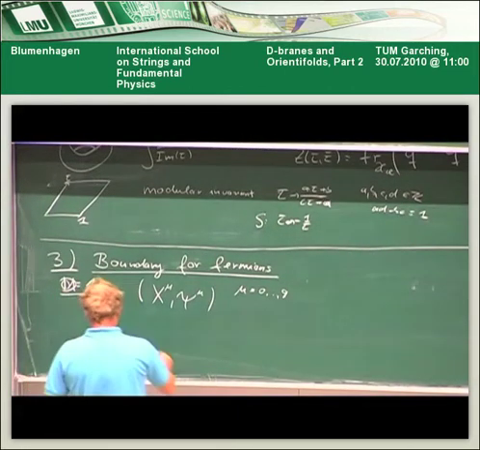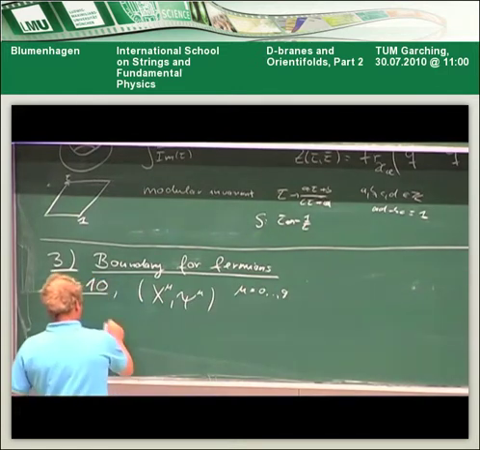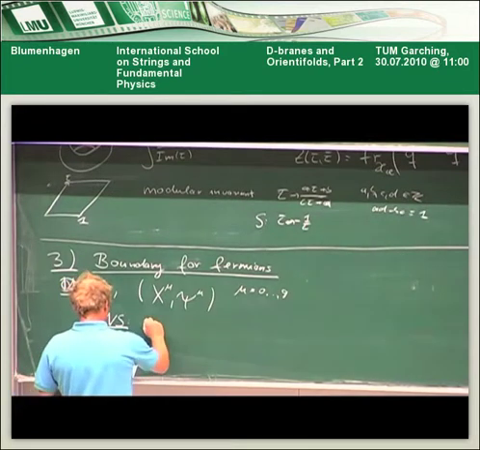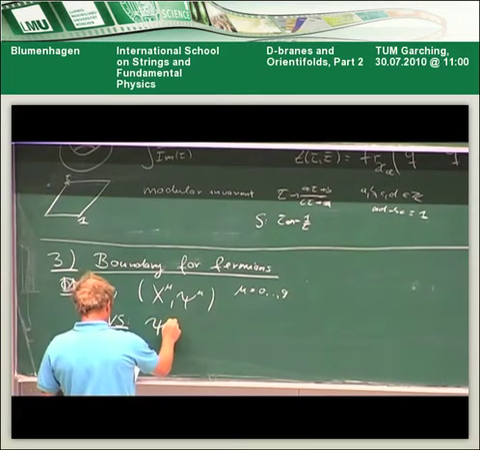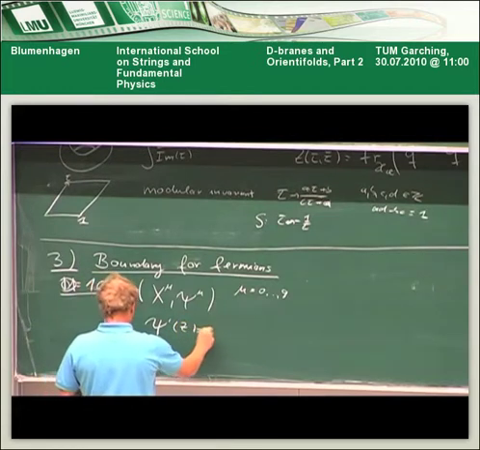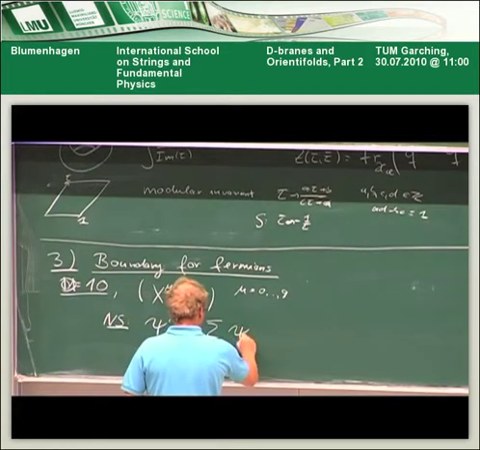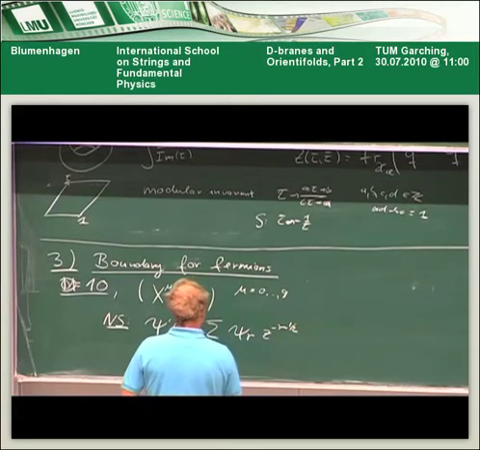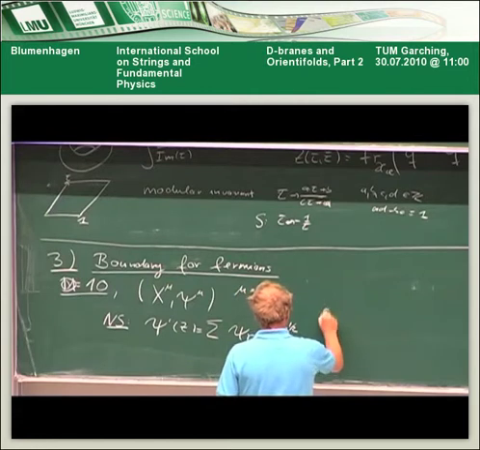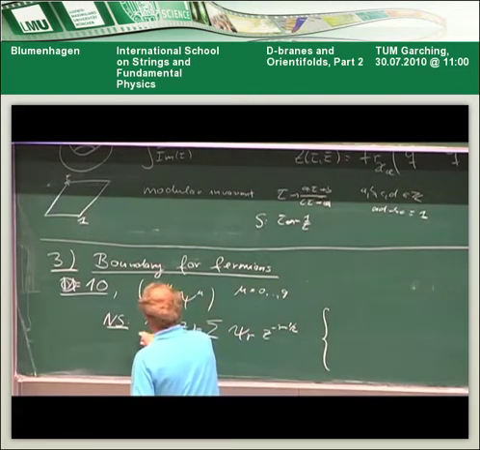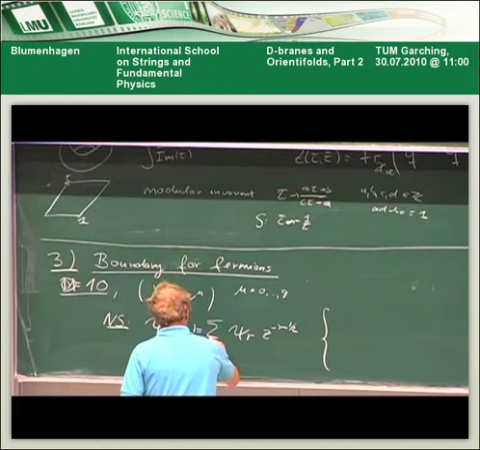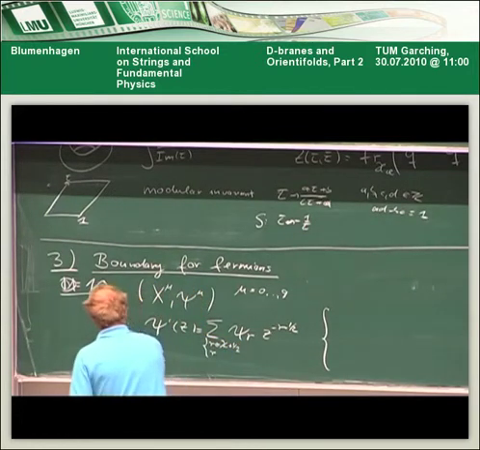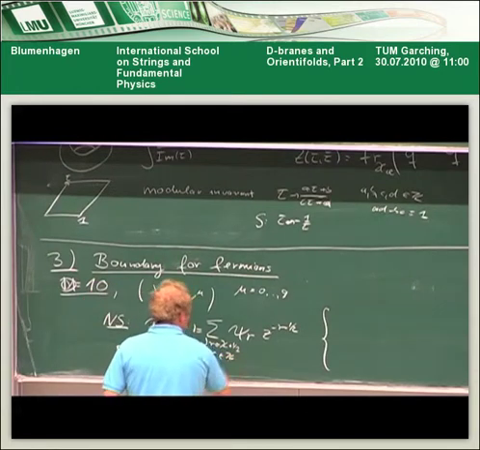We have a Neveu-Schwarz sector where the fermions have a mode expansion of this form, psi_r z^(-r-1/2). It is Neveu-Schwarz if r runs over the half integers, and Ramond if r runs over the integers.